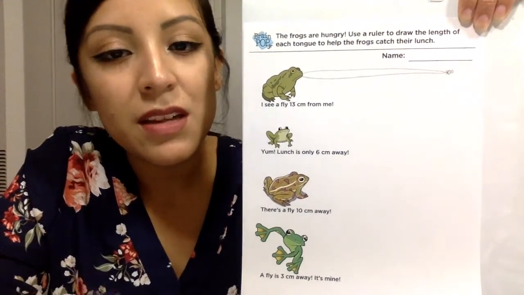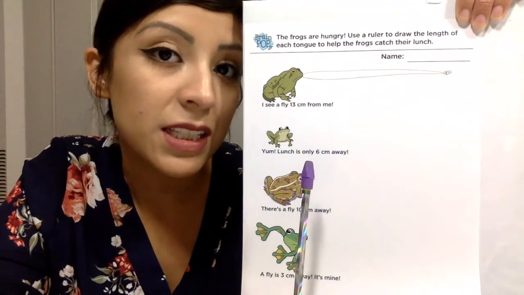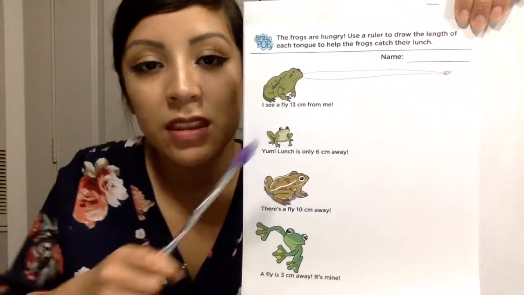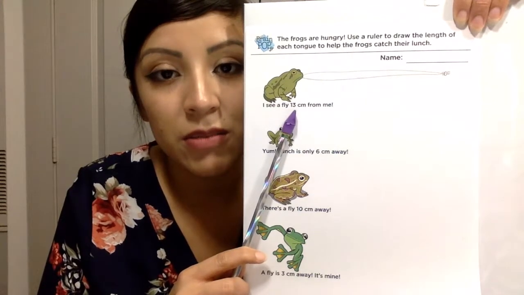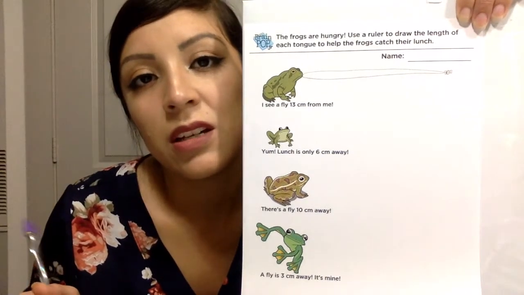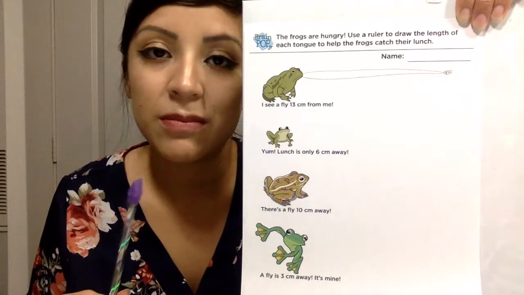Tell me the lunch, it says yum, lunch is only 6 centimeters away. So first, let's think. The first frog had his lunch 13 centimeters away. This frog's lunch is only 6 centimeters away. So whose lunch was the closest, or whose lunch will be the closest?